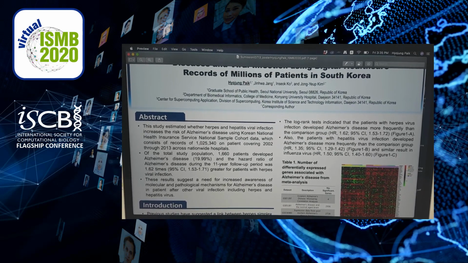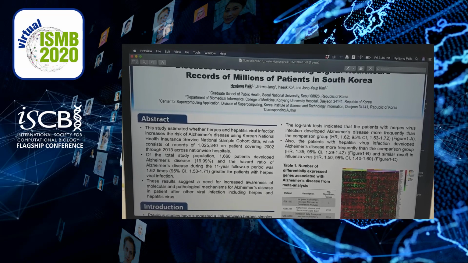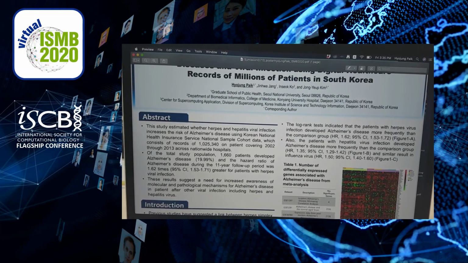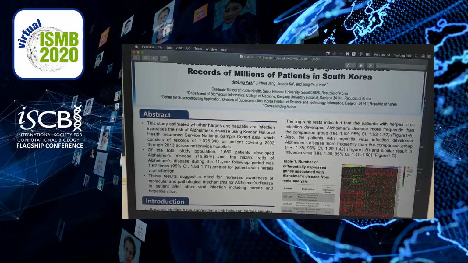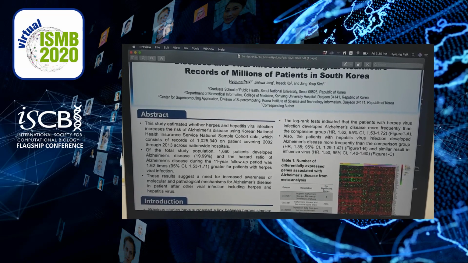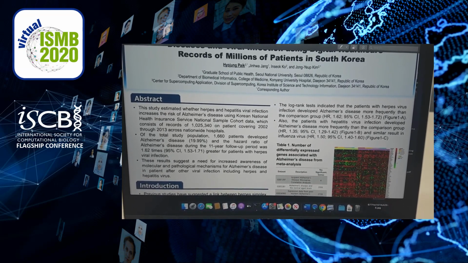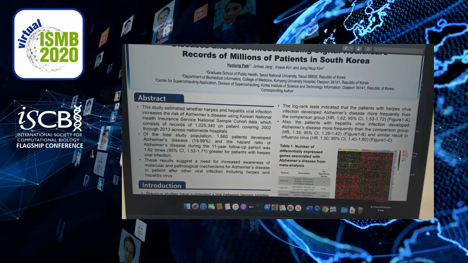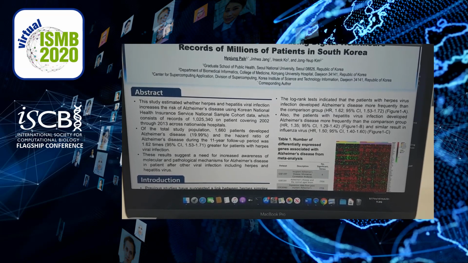Of the total study population, around 1.6 thousand patients developed Alzheimer's disease, and the hazard ratio of disease during the 11-year follow-up period was 1.62 times greater for patients with herpes viral infections.